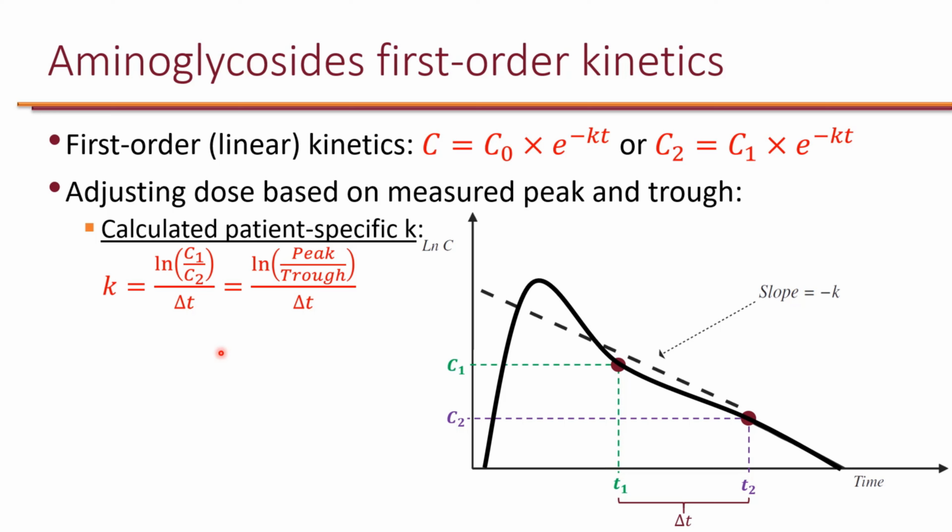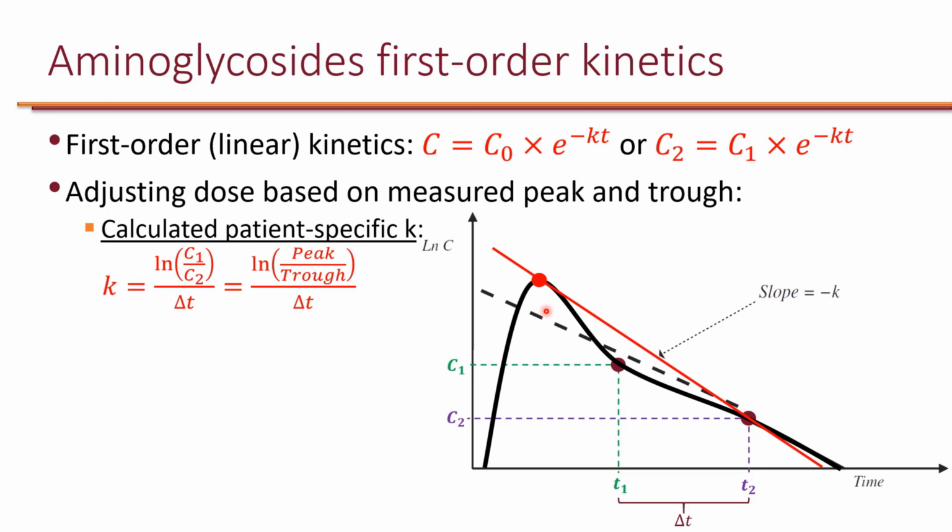Now keep in mind that the first level, C1, has to be at least 30 minutes after the end of infusion, because at the end of infusion you have your actual peak. But if you actually measure the peak at the end of your infusion, then you end up with the wrong slope. Because, for example, if you use this as your peak, and then with the C2 concentration, and you calculate the slope, you can see that the slope is very different.